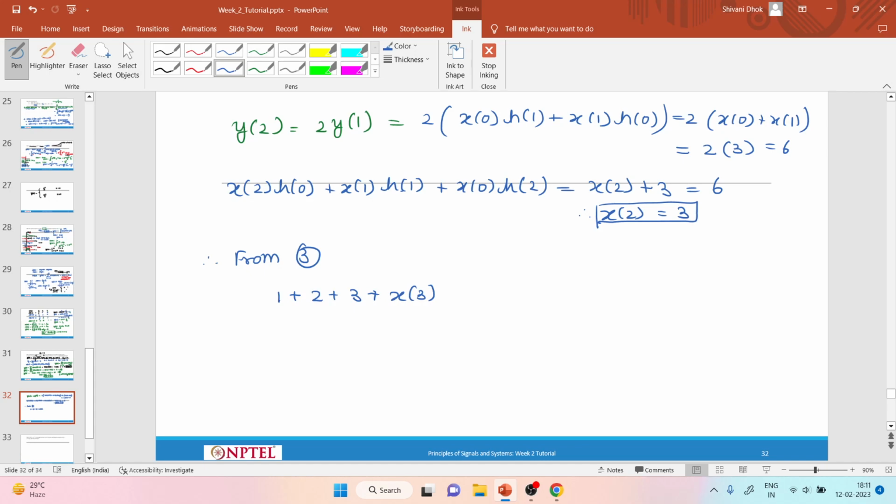So this is x of 0, x of 1, x of 2, plus x of 3, which is given as equal to 10. Therefore my x of 3 is equal to 4. Therefore my sequence x of n is 1, 2, 3, 4.